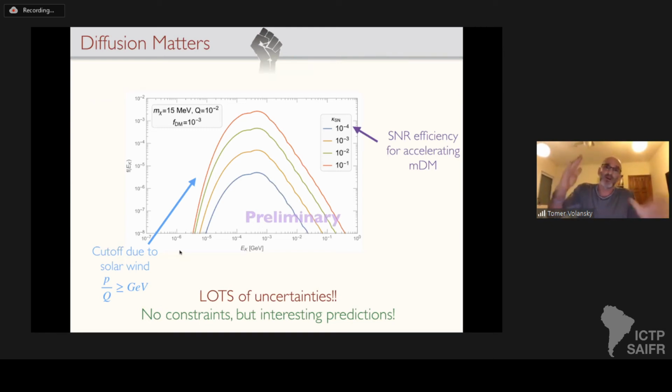These X fields are coherent and they don't align with the galactic plane, and they go way above the galactic plane, several kiloparsecs. So you could not place constraints on these models, but there are interesting predictions that you could look for. So that's the bottom line. And I'll get back to it when we get to the xenon anomaly.